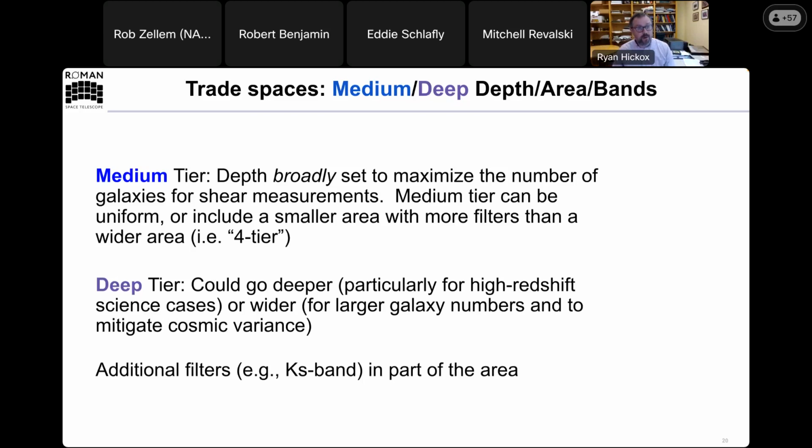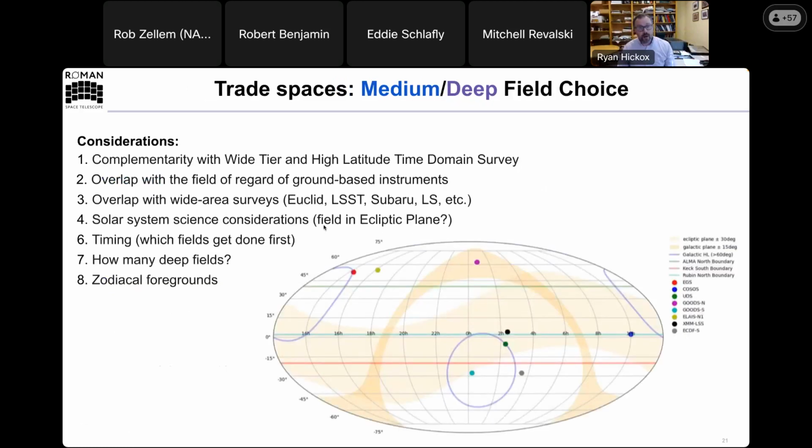And so we are looking at possibilities where some of the survey areas could also be covered by the K-band. The K-band is less sensitive than the others, and so, at least in our look at this so far, it doesn't necessarily make sense to cover the whole area to a similar depth with the K-band, because that would be prohibitively time-consuming.